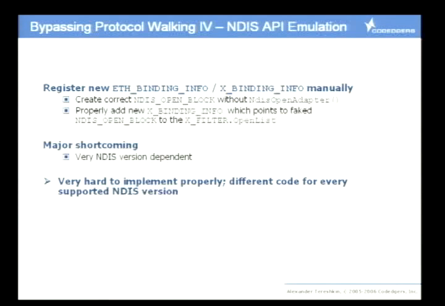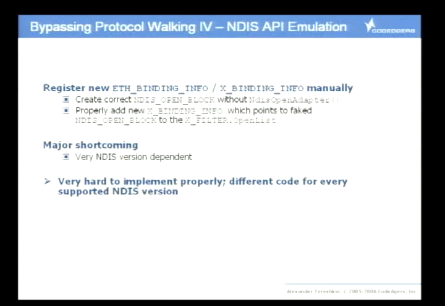The last approach is about emulation of the NDIS API code. If we register our own ETH binding info or X binding info structure without any original system code, we will be sure that no firewall has caught the registration, because we don't use any system code to do this.